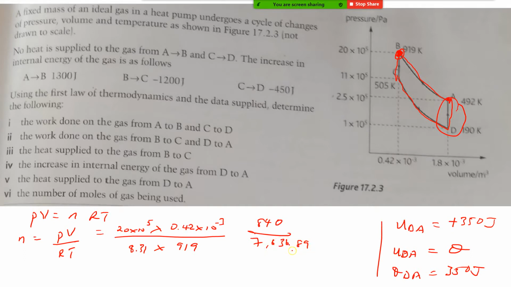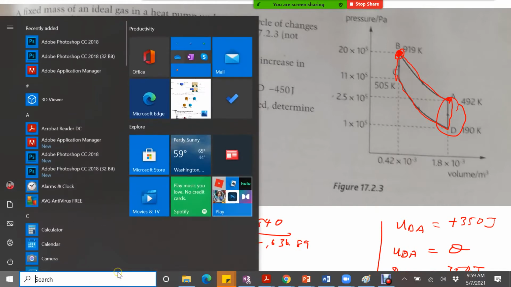When I divide these numbers, I'm getting that the number of moles, n, is equal to 0.11 moles. So that's the number of moles that is present in that particular gas.